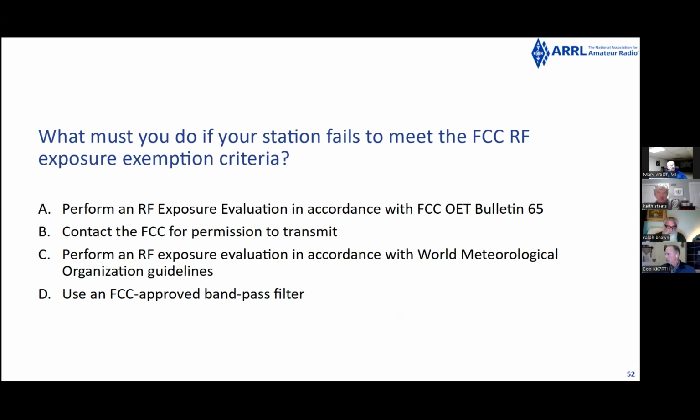Perform an RF exposure evaluation in accordance with FCC OET Bulletin 65. Contact the FCC for permission to transmit. Perform an RF exposure evaluation in accordance with World Meteorological Organization guidelines. Use an FCC approved bandpass filter. A, yes. Perform an RF exposure evaluation in accordance with FCC OET Bulletin 65.